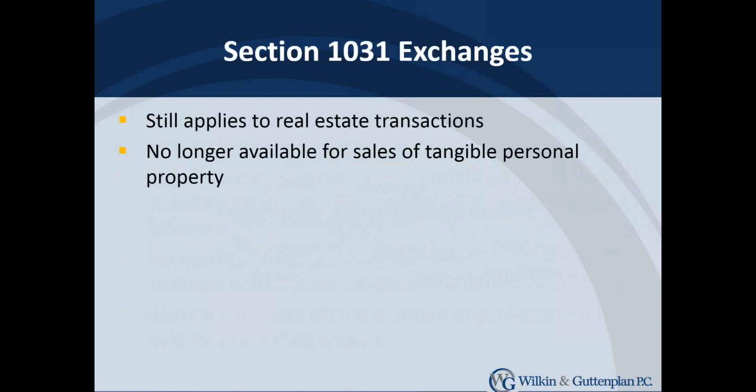So I think it'll become important when you're looking at purchase price allocations, even perhaps more aggressively than you've done in the past, to try to allocate value away from the tangible personal property, the furniture and fixtures, as compared to the real estate. So keep that in mind. Still very favorable to the real estate industry. You just can't defer the gain on any sales of tangible personal property.